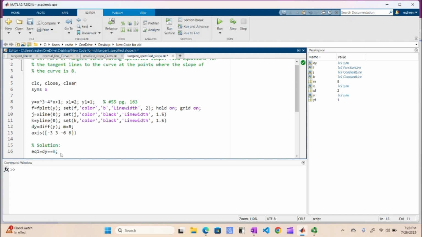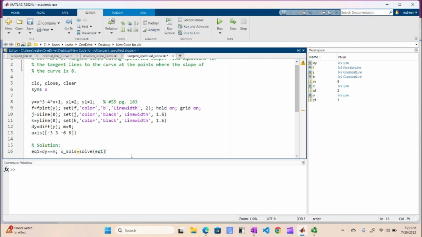This is how I get my x solutions. Next I'm going to say xsols equals solve eq1. So these are the x solutions, basically the zeros of the equation dy equals m.